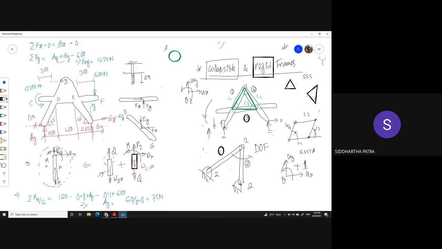But if I were to only draw the free body diagram of the whole structure, then for a rigid frame, at one go, just by drawing the free body diagram of the whole structure and writing the equations of equilibrium for it, I can determine all the ground reactions without looking into individual components. Such a thing I cannot do for a collapsible frame.